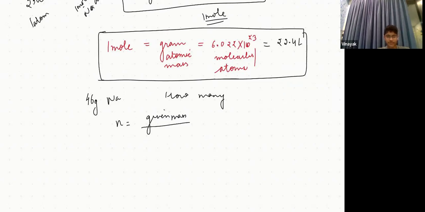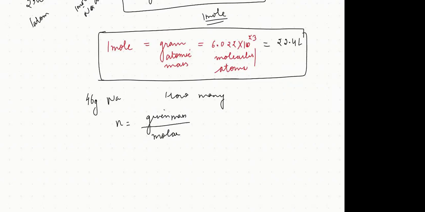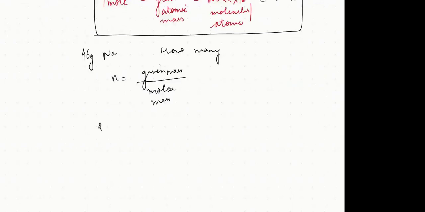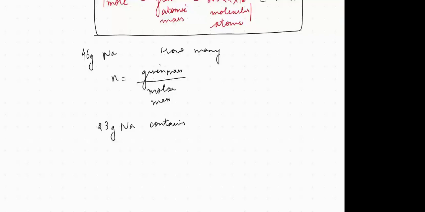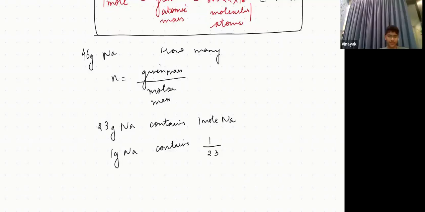How do you come to this formula? So you will say that 23 grams of sodium contains 1 mole of Na. You understand? So 1 gram of sodium contains 1 upon 23 mole.